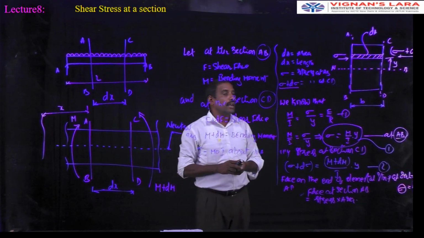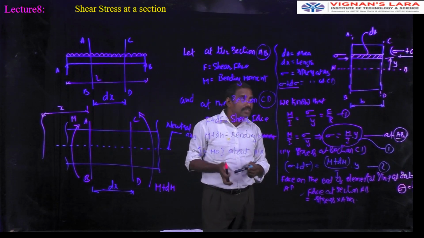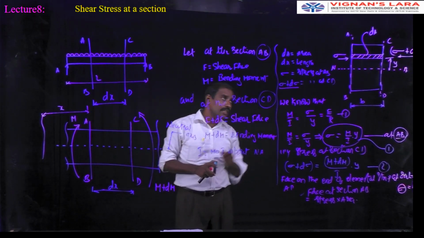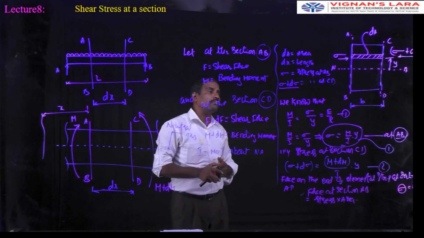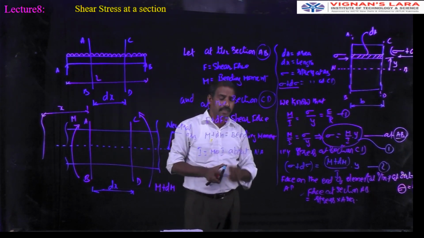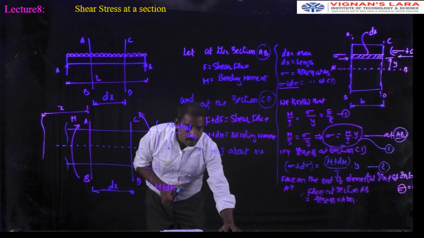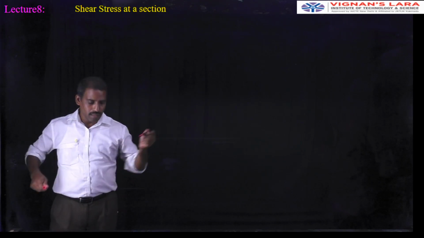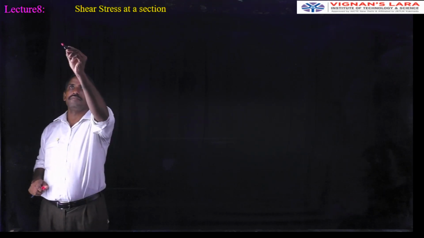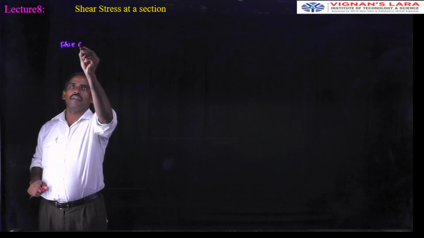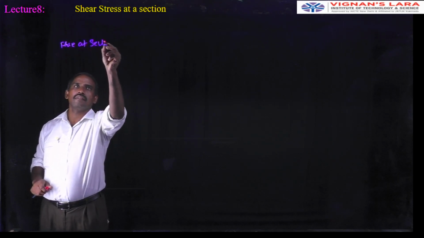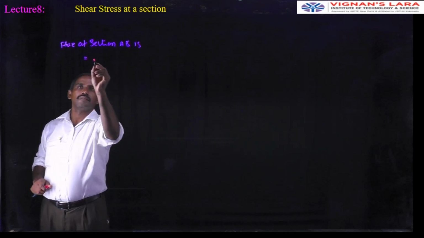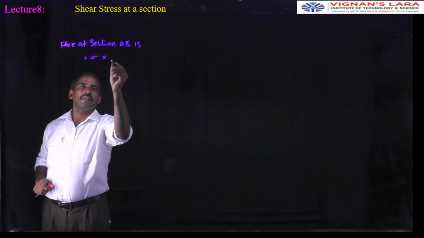Then we have to find the force at section AB as well as the force at CD. This is a very important term to be calculated. So the force at section AB is stress into area.